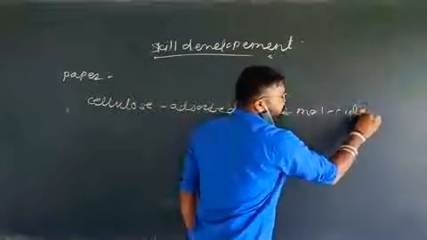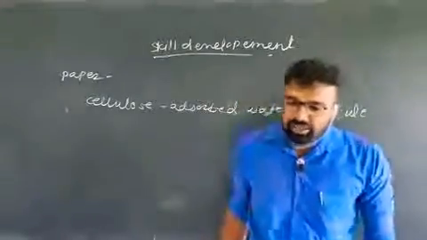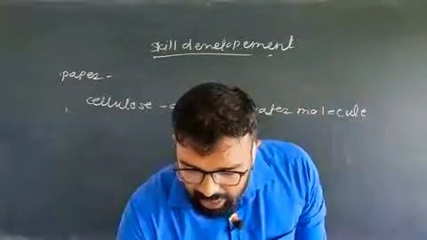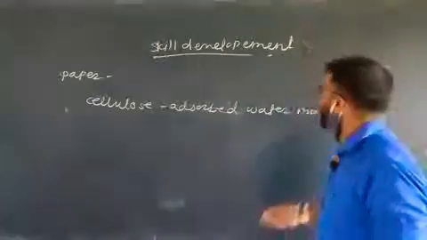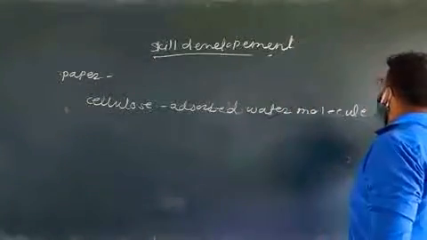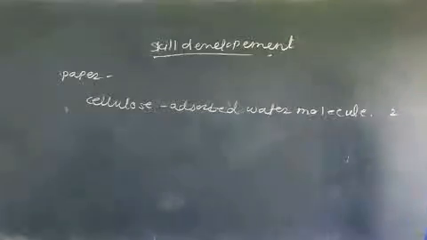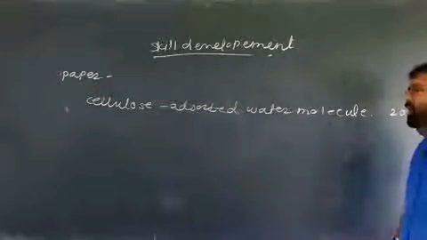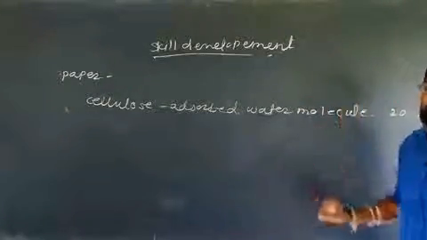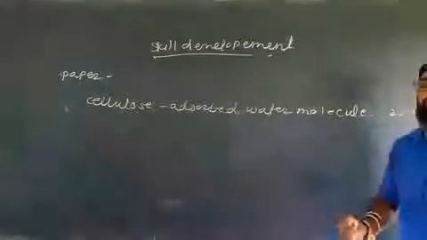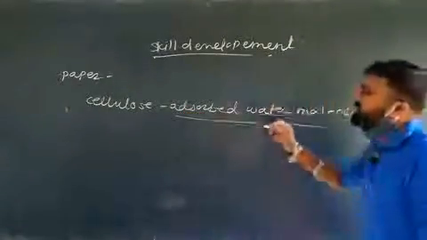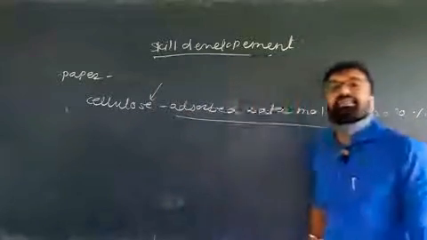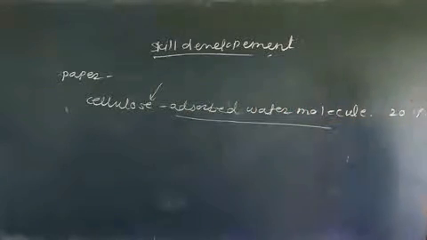Naturally in paper, cellulose adsorbs water molecules, and about 20% of water is adsorbed on the surface of cellulose, and this is the stationary phase used in paper chromatography. That means the adsorbed water on the cellulose is used as a stationary phase.